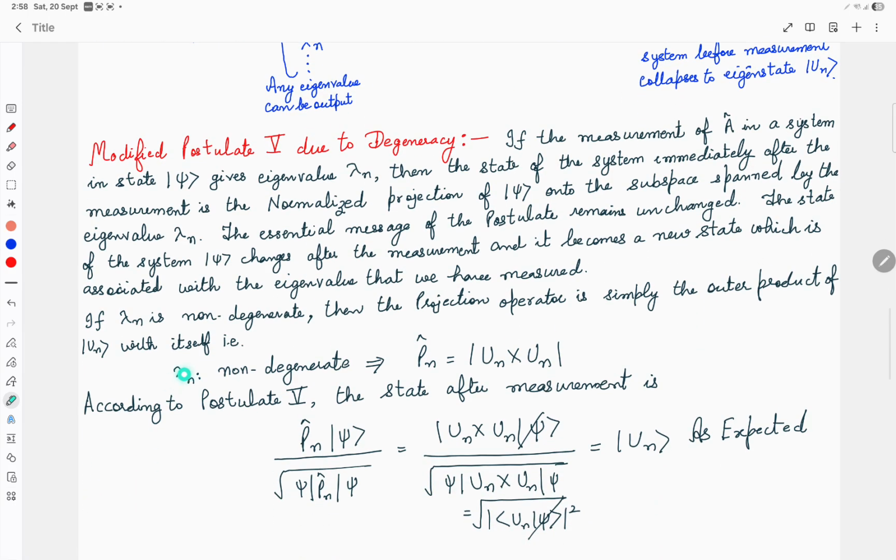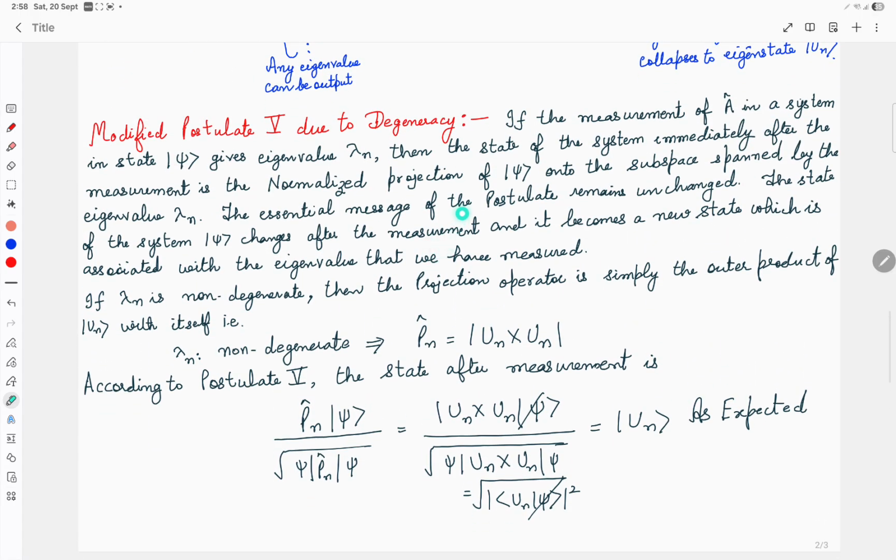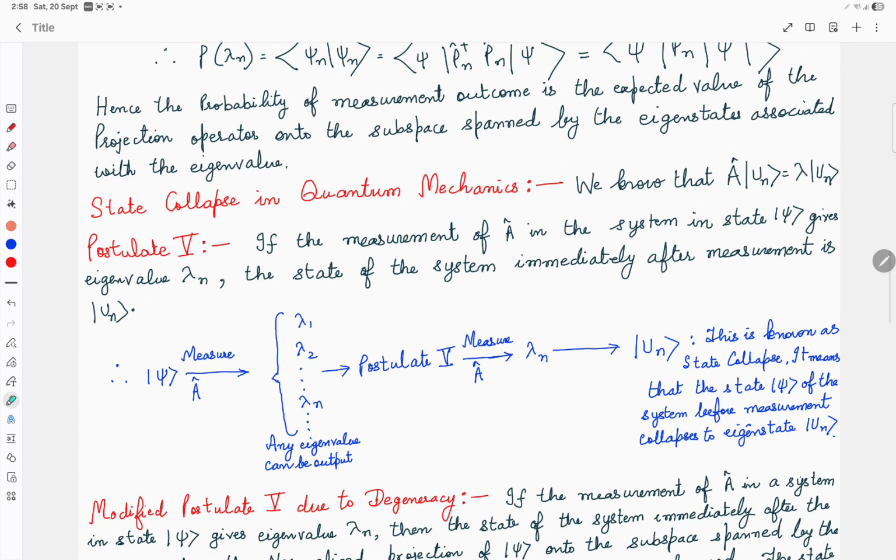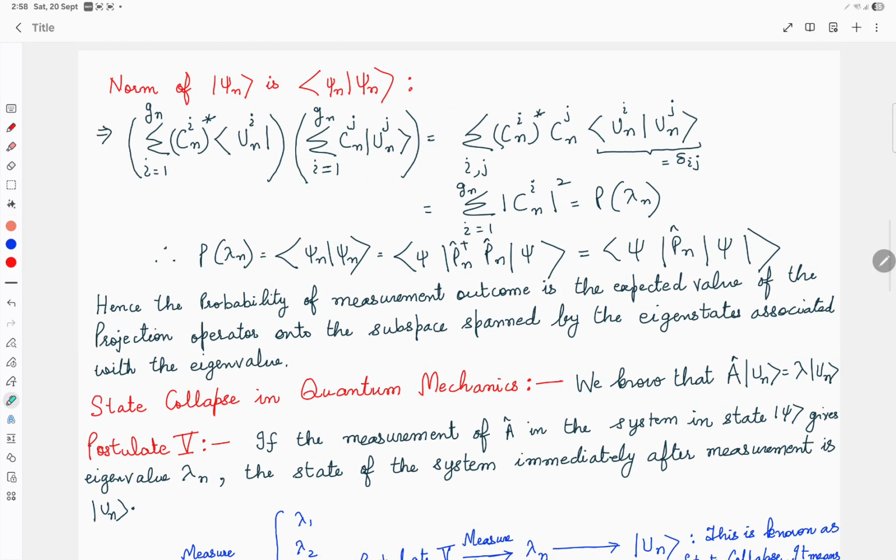If lambda n is a non-degenerate case, then the projection vector will be this, and this will be the final state. But if it is a case of degenerate eigenvalues, then, as I just tried to explain, you have to bring in the Gn subspace also.